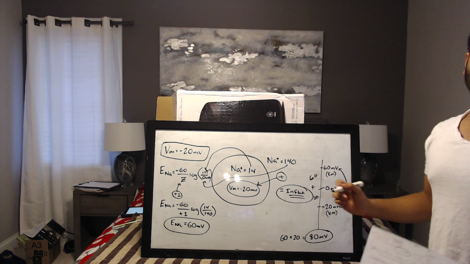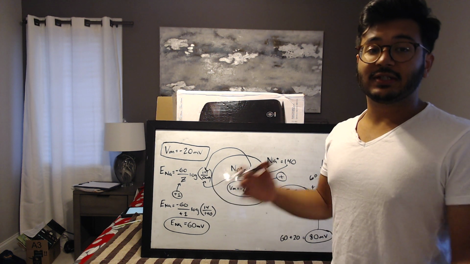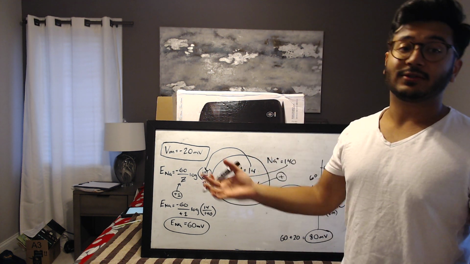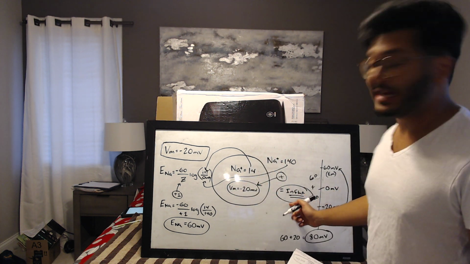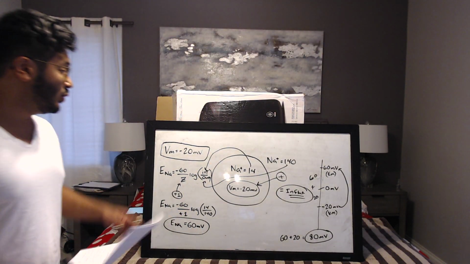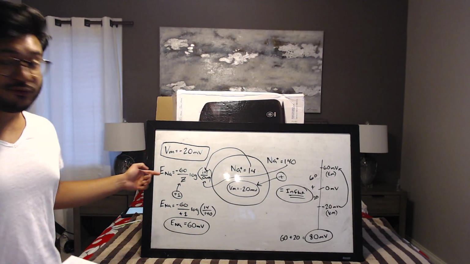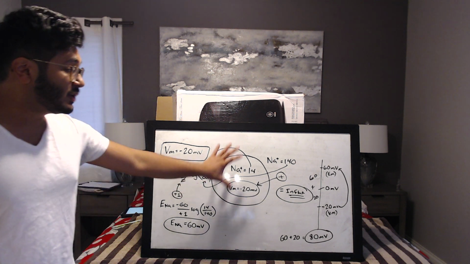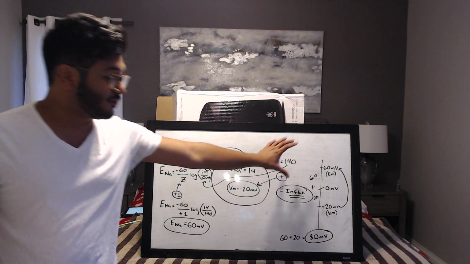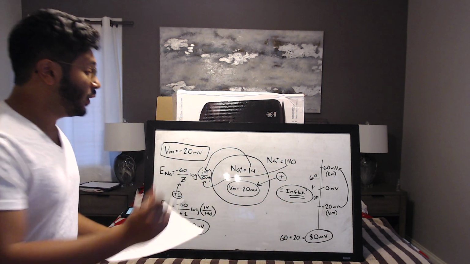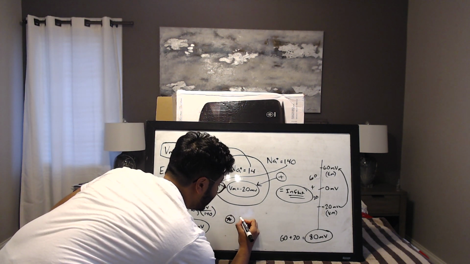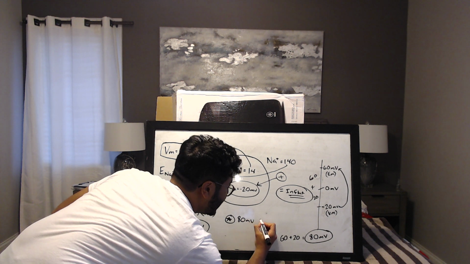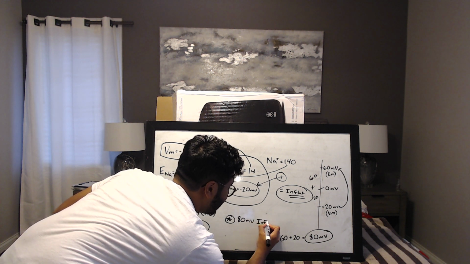And now, what was the other half of your answer? So 80 millivolts is the magnitude of your answer, and then the direction of your answer is going to be influx. So for this problem where they gave you this VM value, you found the EM value, you looked at the direction of the flow, and you found the difference, your answer is going to be 80 millivolts influx.